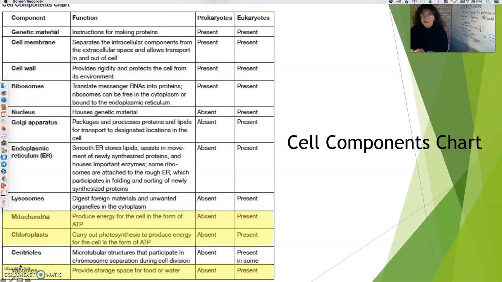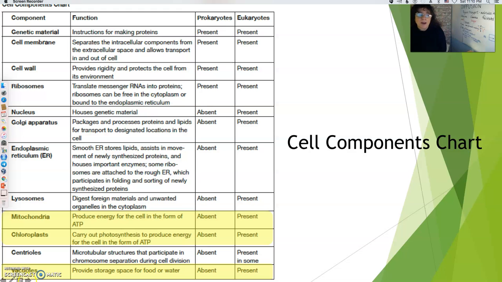Chloroplasts in plant eukaryotes act as a metabolizer and as a respiratory site that uses the energy of the sun to produce energy. So it's interesting that chloroplasts can actually be anaerobic and aerobic and can function as an energy source for the cell outside of nutrients that come into the cell.